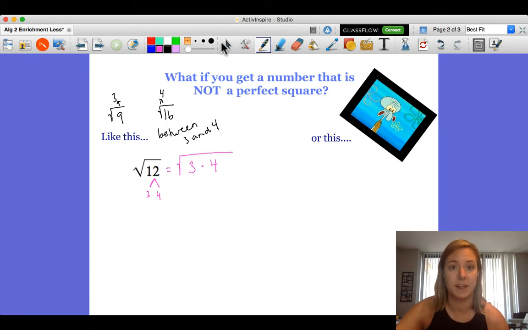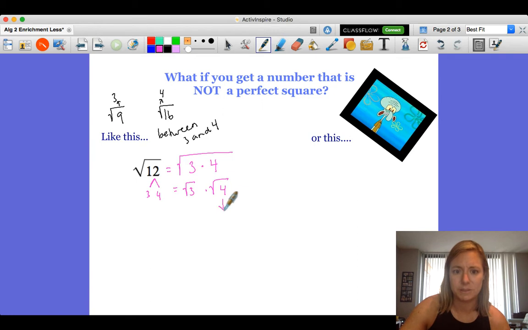I haven't done anything. The properties of radicals work so that this is the same thing as the square root of 3 times the square root of 4. Well, you know this. What is the square root of 4? 2. Square root of 3 is not a perfect square. That's prime. It doesn't simplify anymore, so this is actually 2 root 3.